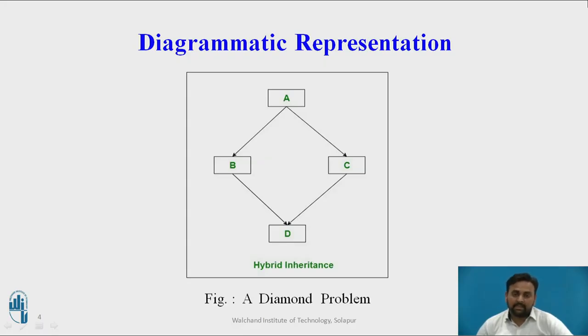It contains two or more types of inheritance in itself, so that is called hybrid inheritance. Overall, the total diagram can be shown as one diamond, that is why it is also called the diamond problem. So, let us start to implement this approach.